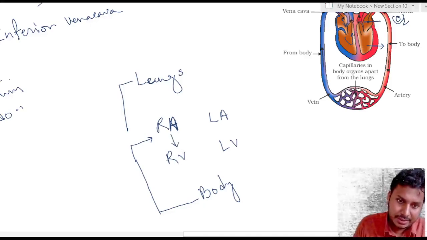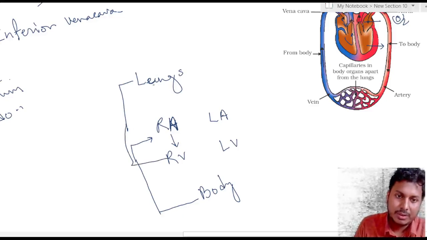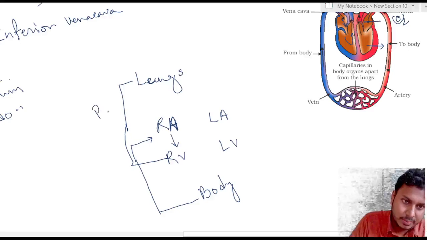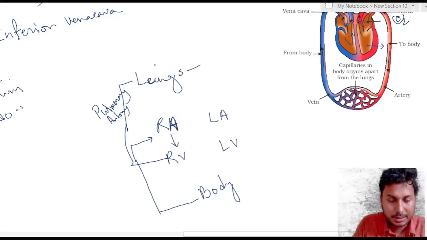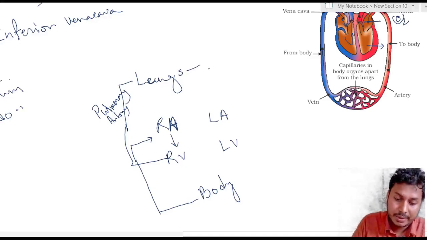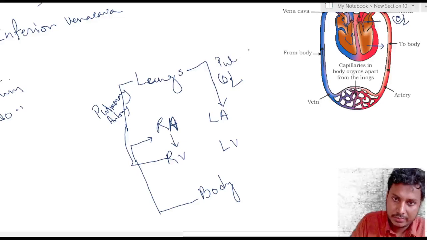From the right ventricle, the blood goes to the lungs. For what? To get oxygenated. Through the pulmonary artery. From the lungs, when blood is oxygenated, it comes to the left atrium through the pulmonary vein.